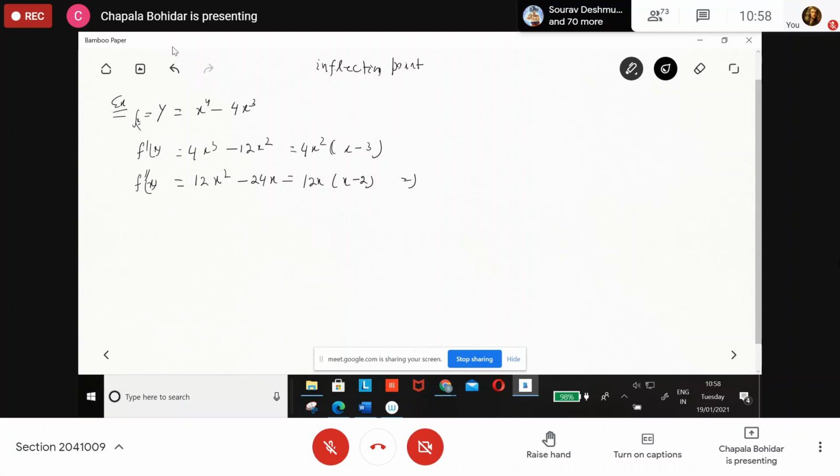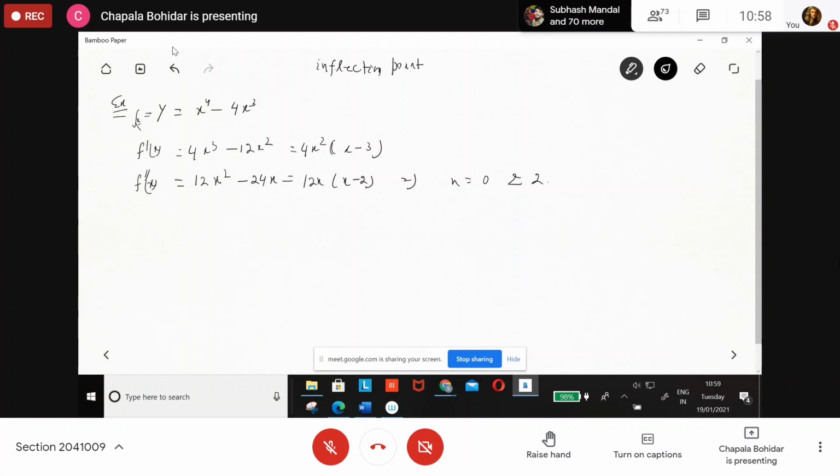This implies x is equal to 0 and 2. What is the domain of the function? Real numbers, minus infinity to plus infinity.